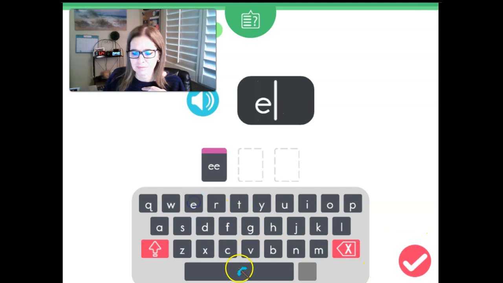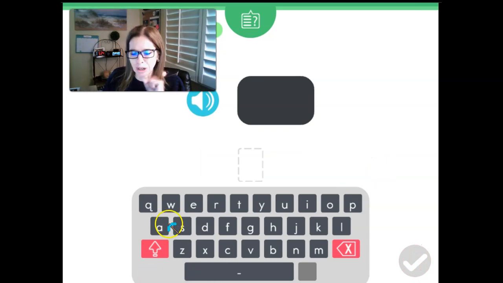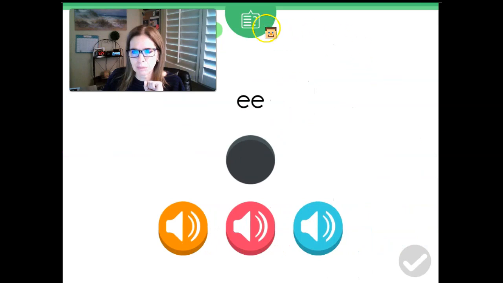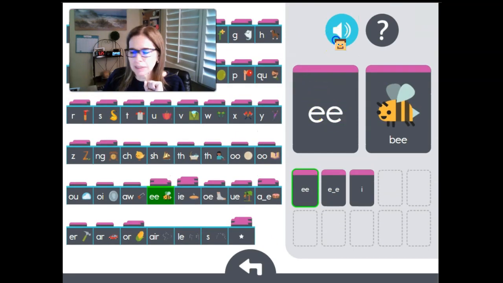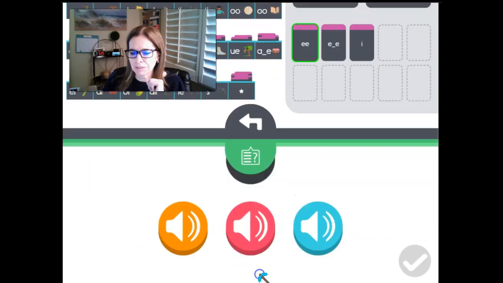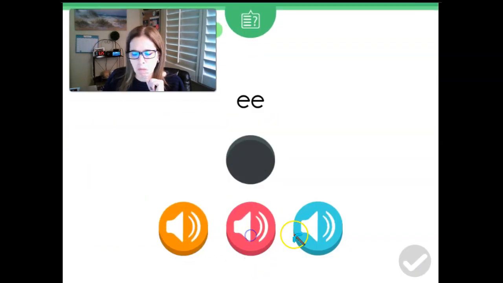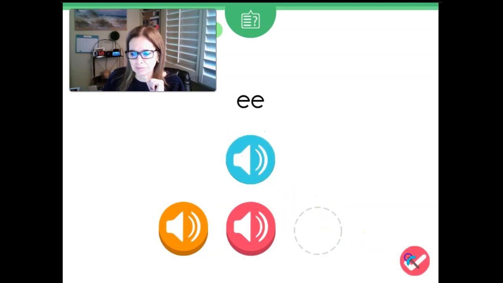Aw, I remember aw from our last lesson, as in saw. Oi, as in coin, and oi, as in oil. Remember, I can look in my pocket chart and find the spelling and hear it. I'm listening for the E sound.